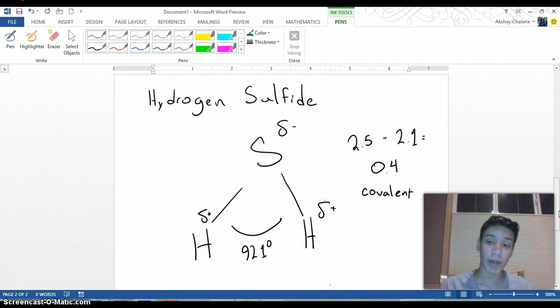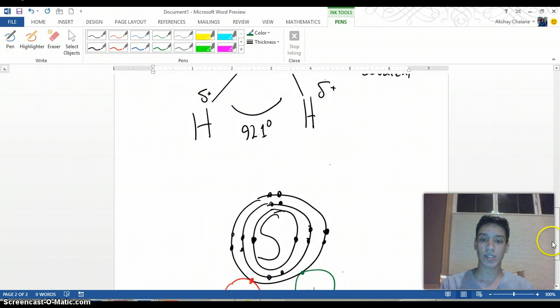With other covalent molecules, however, for example methane, you don't have any charge, any polarity, because it is surrounded by delta positive atoms. There's no delta negative atom on the outside. That's not the case, obviously, with hydrogen sulfide.